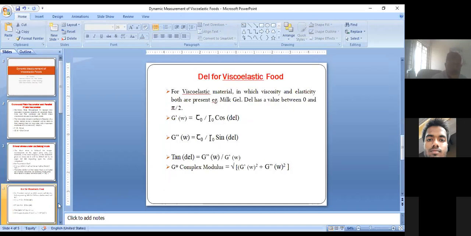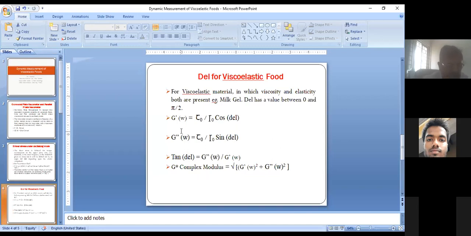Now when you go for a viscoelastic material, the value of delta will be between 0 and pi by 2. And the storage modulus G dash omega is equal to tau 0 by gamma 0 cos delta.